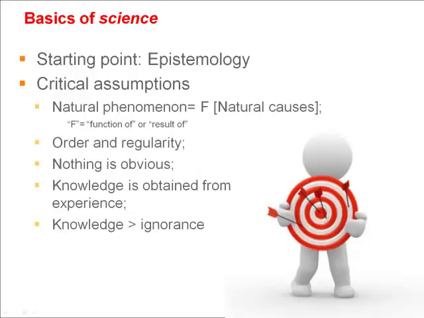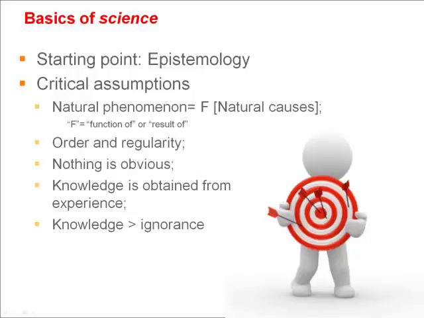Additionally, that all natural phenomena are a function of natural causes, meaning that they're a result of them. And because they are a function or result of natural causes, they can be known. And while it's true nothing is self-evident or obvious, with scientific assessment, it can potentially be known.